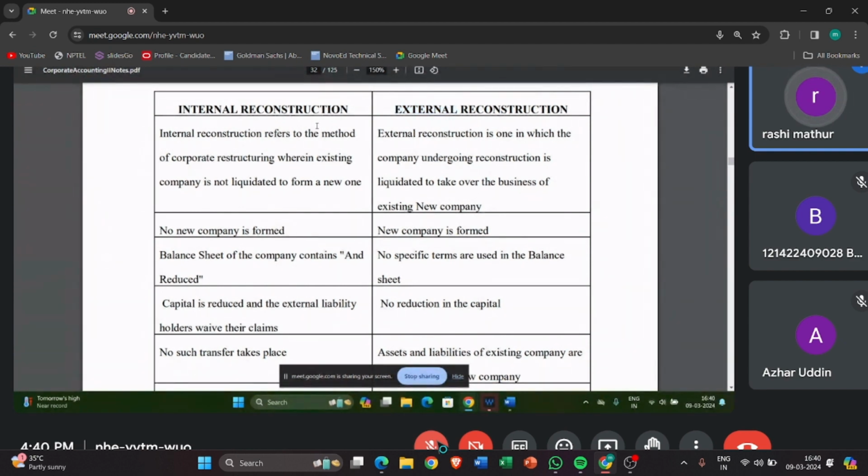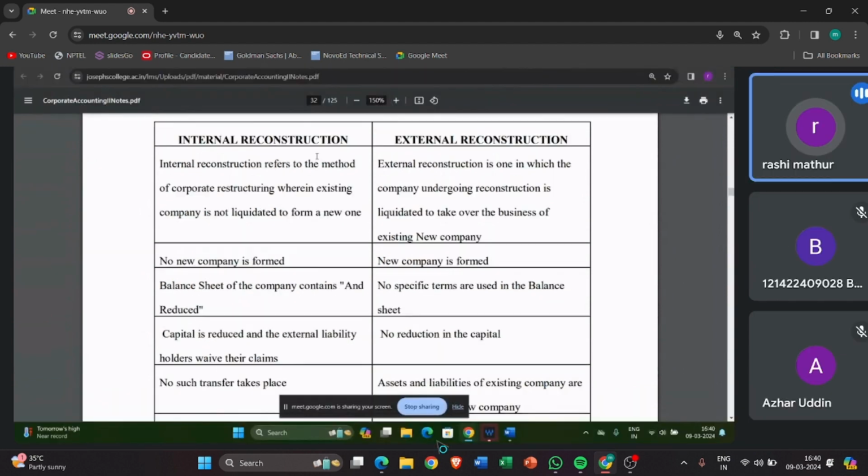But if no other company comes into the picture, no transferee company, and the same company's own shareholders and directors are internally deciding and making changes, then it is called internal reconstruction. So you could be asked differences between internal and external reconstruction. External reconstruction is what we studied in Unit 3, amalgamation. Internal reconstruction is what we are seeing in Unit 4, internally, without involving any transferee company.